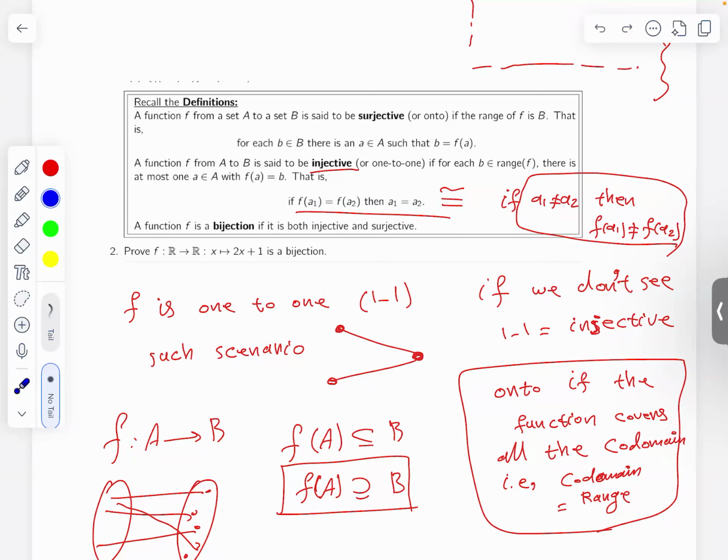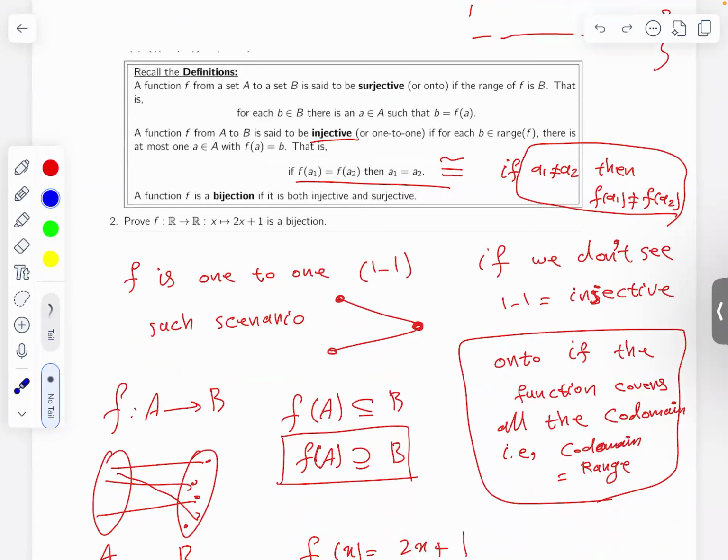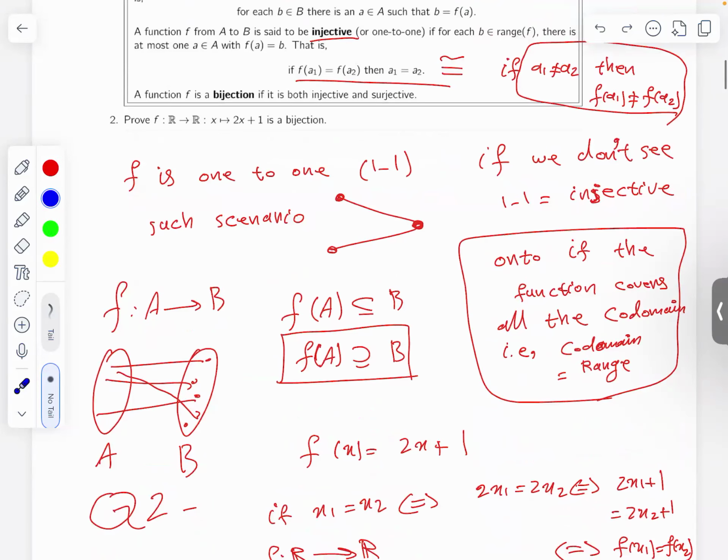And F is onto, also look at this one: the contrapositive, if A1 is not equal to A2, then f of A1 is not equal to f of A2. Onto, we say that the range is equal to the codomain. We know that an onto function always covers all the codomain's members.